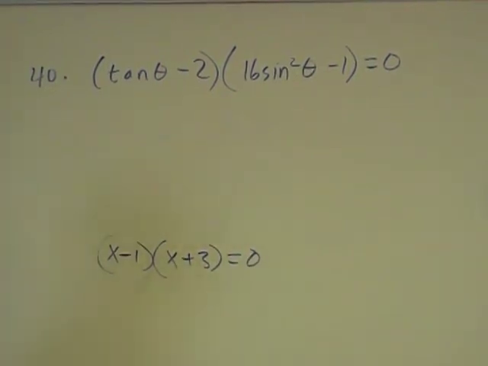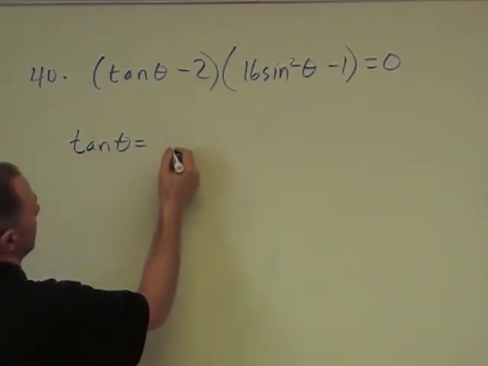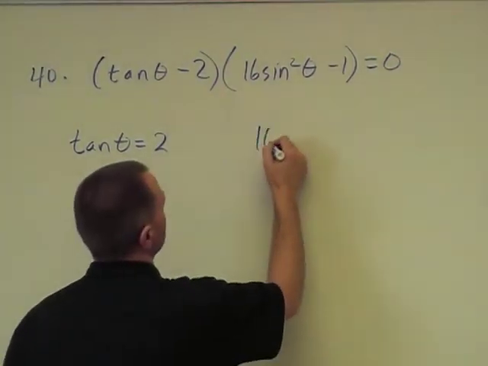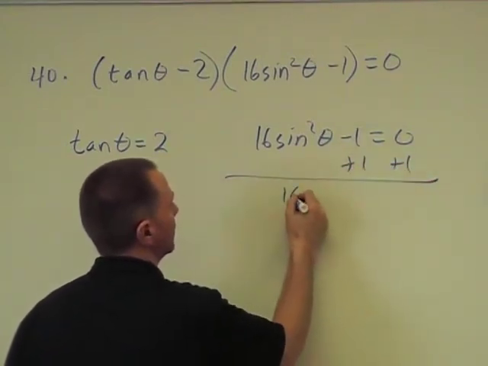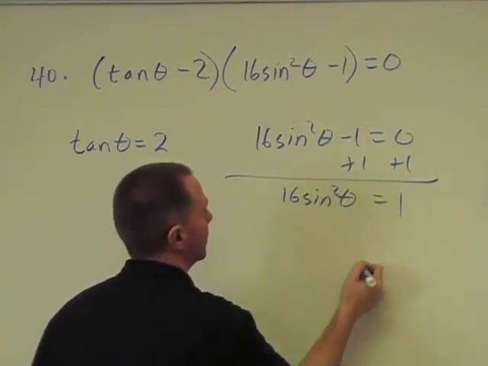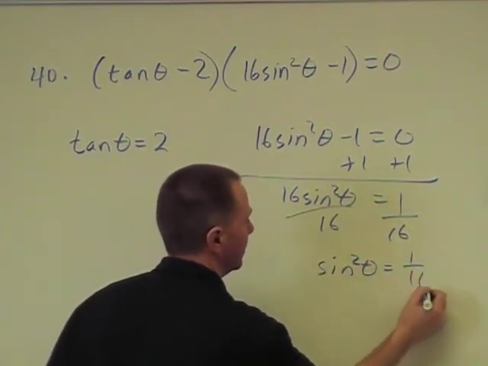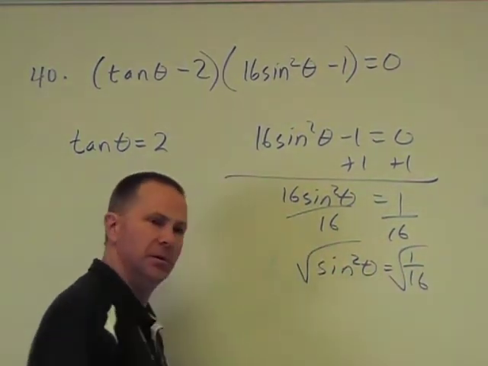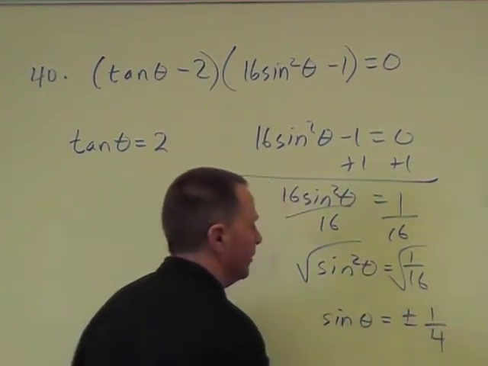How did you solve that? Here, I'll write this down for you. Everybody knows how to do this. Nothing new up here. Get rid of the square. Take the square root. Sine of theta is now plus or minus 1/4.